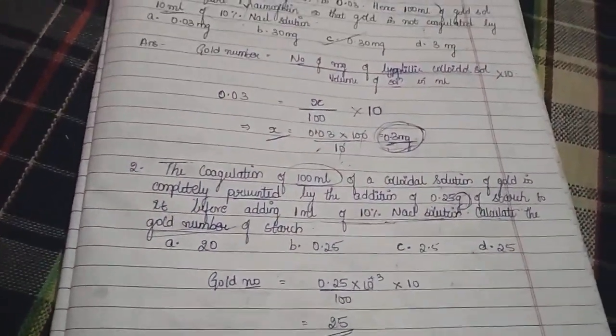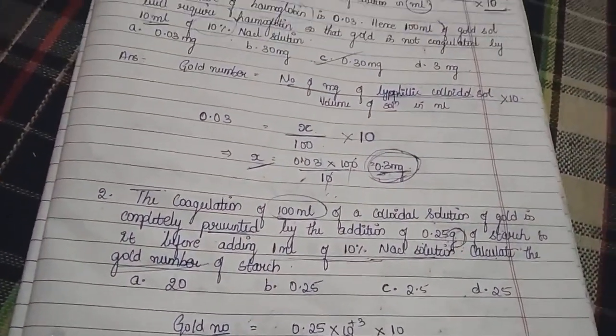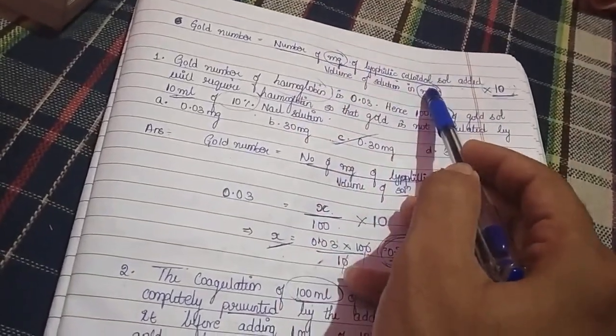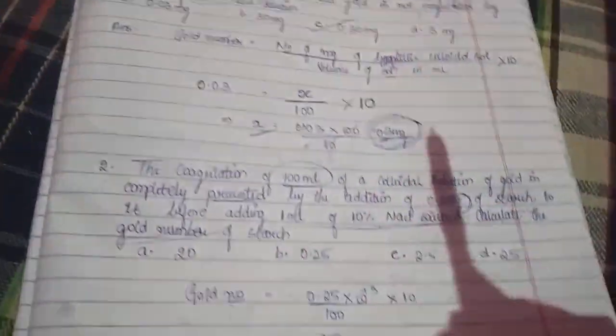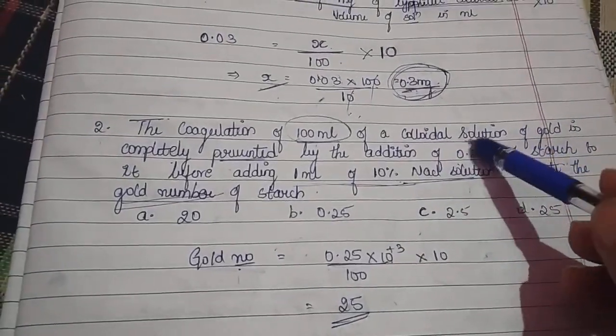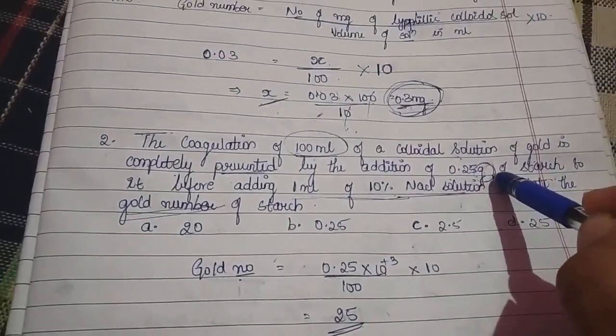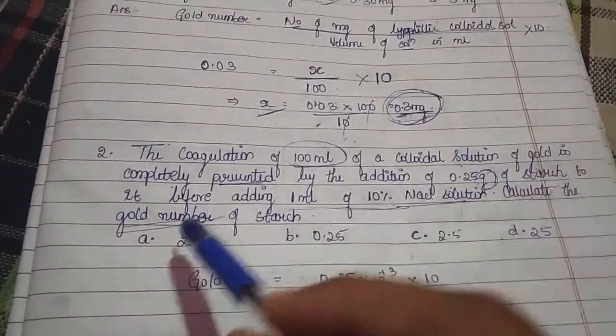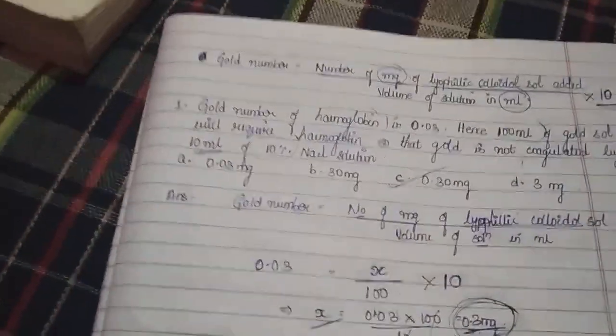Let us do it. Of course, the gold number is equal to the number of milligrams of the lyophilic colloidal sol required. But here they have given us the quantity in grams. Very much important. You should be very particular about your units also. I just wanted to mention one more important thing.